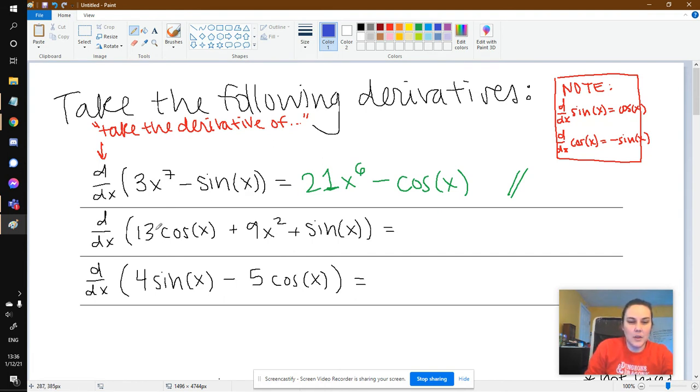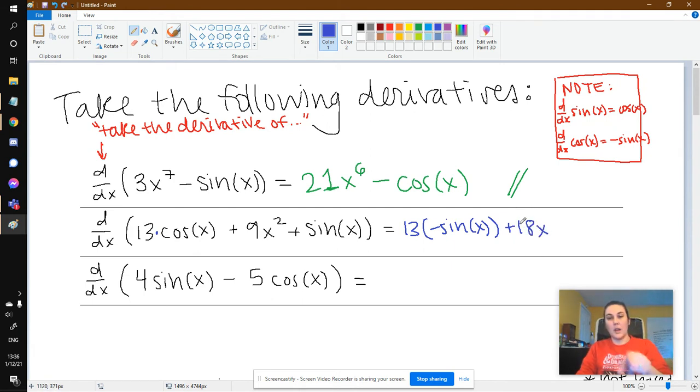Next, if we have 13 times cosine plus 9x squared plus sine, we do 13 times the derivative of cosine plus 18x. Doing 9 times 2 is 18. Knocking the exponent down is just 1. And then the derivative of sine is simply cosine, nothing fancy.